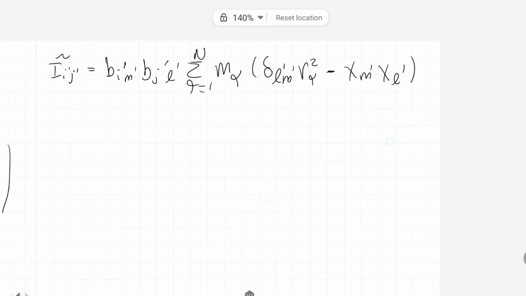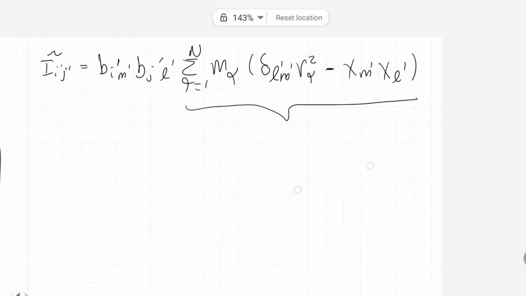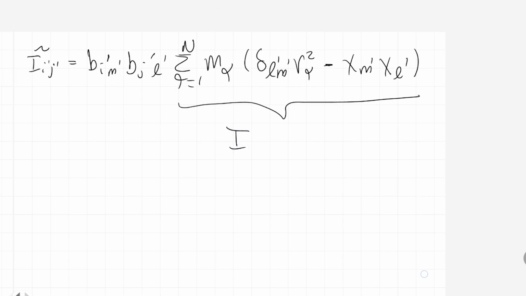As I mentioned, we can identify this quantity over here as the inertia tensor lm, but in the normal coordinate system, this coordinate system that is represented by this basis.